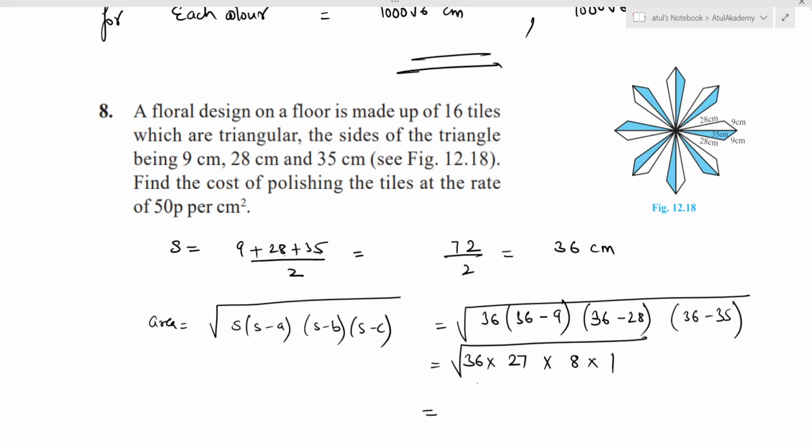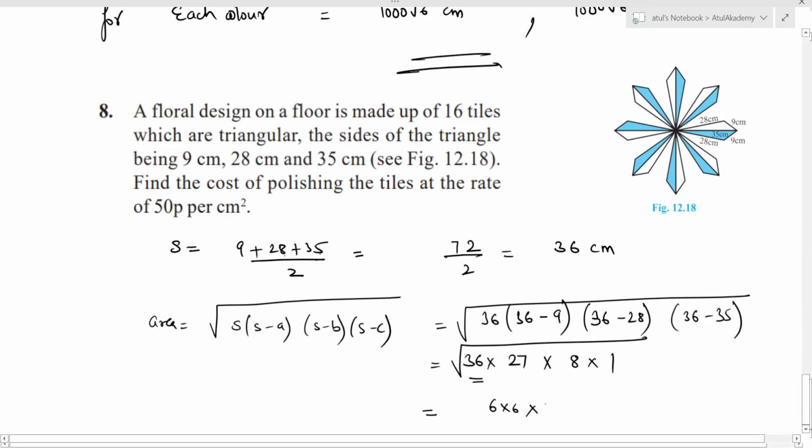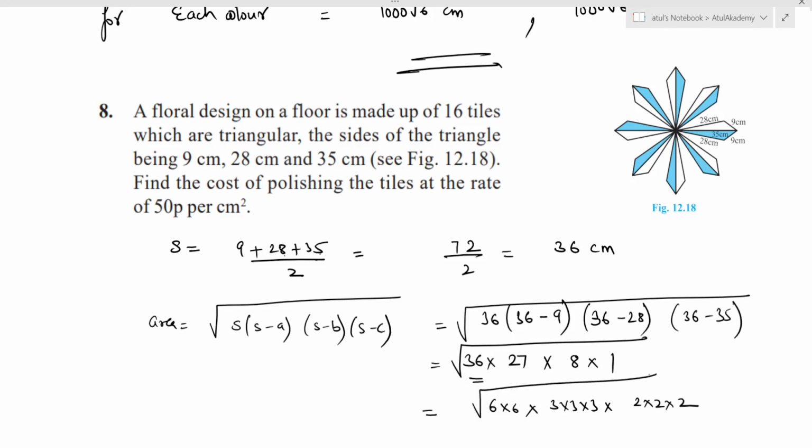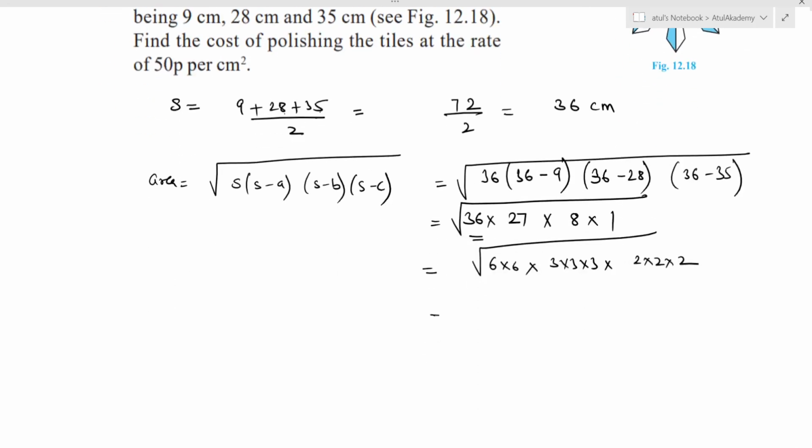Yeah, I do have. 36, you know, is 6 into 6. 27 is 3 into 3 into 3. 8 is 2 into 2 into 2. Square root of 1 is 1 only. So I have pairs. 6 will come out, 3 will come out, 2 will come out, but 3 into 2, 6 will remain inside the root. So how much is this? This is 36 root 6 centimeter square.